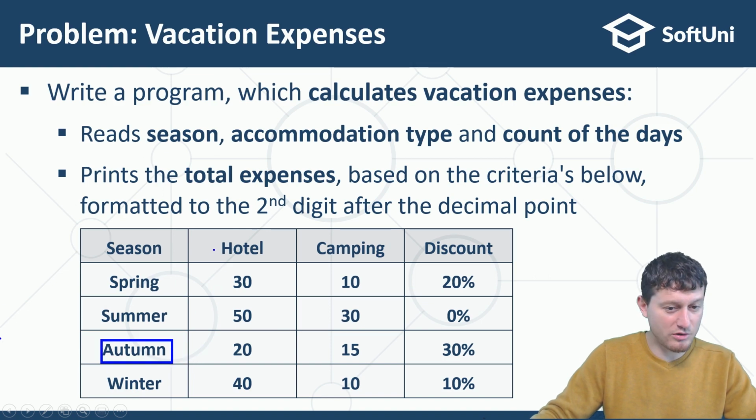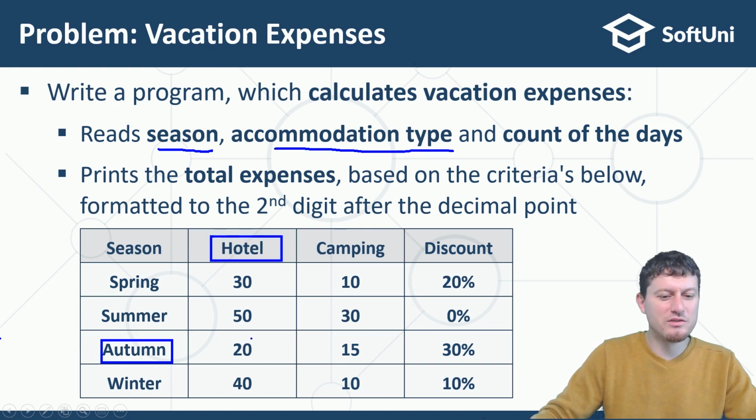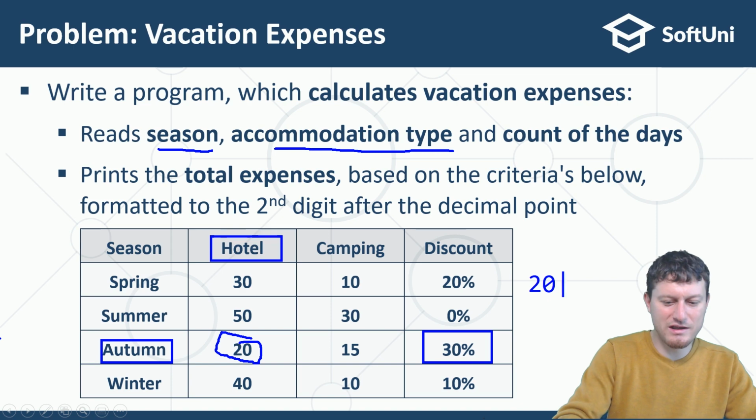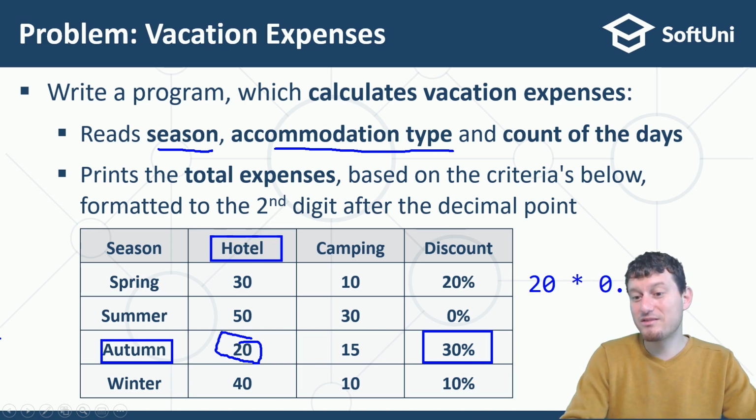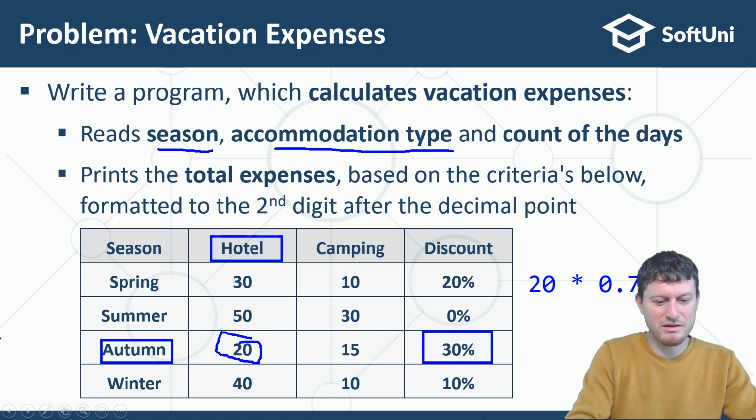But if we have, for example, autumn and hotel, okay, the season is autumn, the accommodation type is hotel, the rate is 20, but we have 30% discount, so the rate is 20 by 0.7. Do you agree? It is 1.0 minus 30%. It's 70% of this 20 multiplied by the number of days.